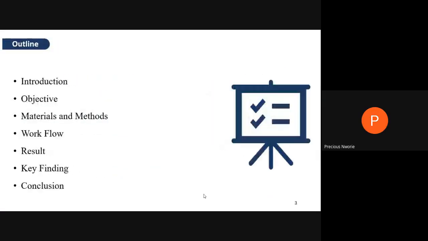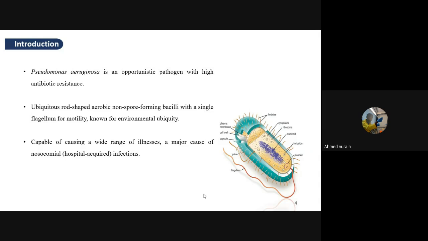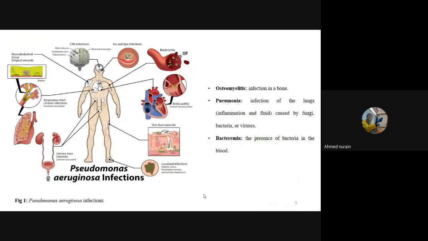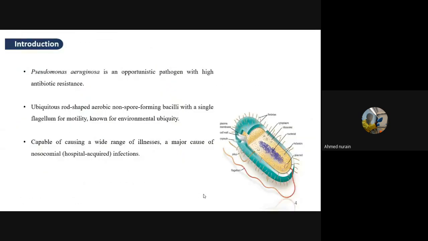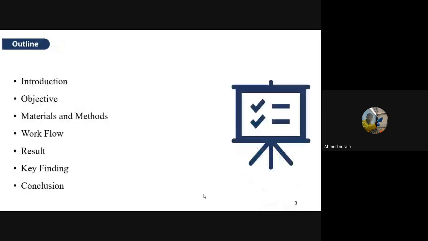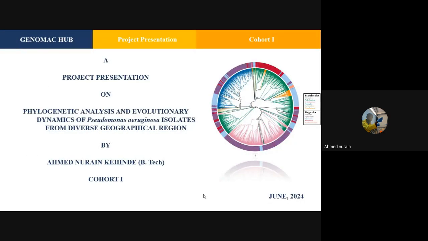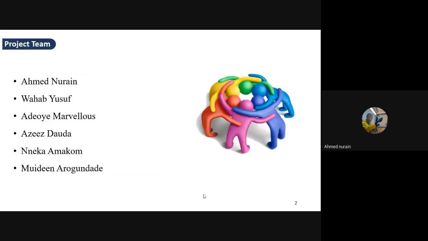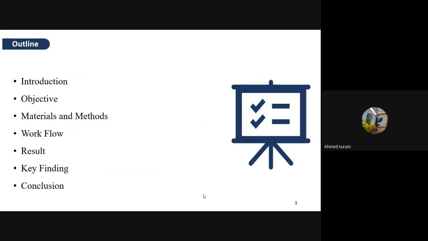Okay, so I'll just start from the introduction then. We're actually working on phylogenetic analysis and evolutionary dynamics of Pseudomonas aeruginosa isolates from diverse geographical locations. And here are the outlines.